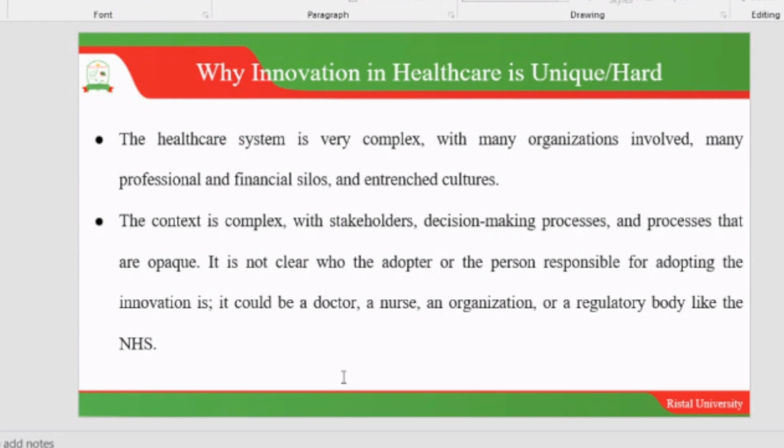It could be the doctor, it could be the nurse, it could be an organization, it could be a regulatory body like the National Health System, or sometimes the National Drug Authority in a country setting. So these complexities sometimes scare off potential entrepreneurs, but understanding them can help you navigate through these complex waters of healthcare and come up with a good innovation.